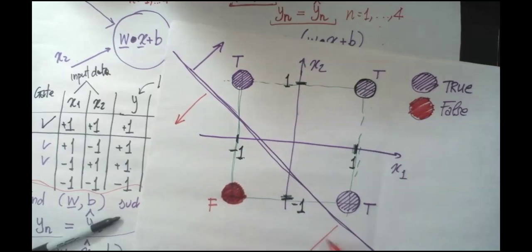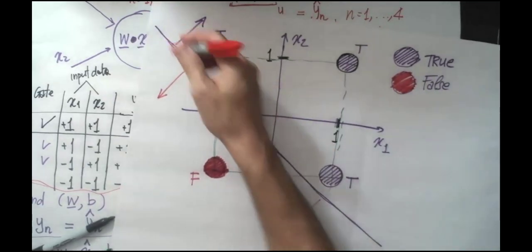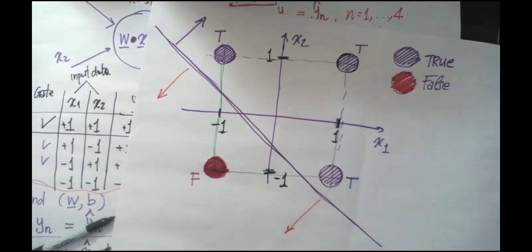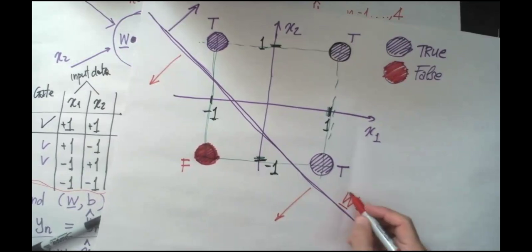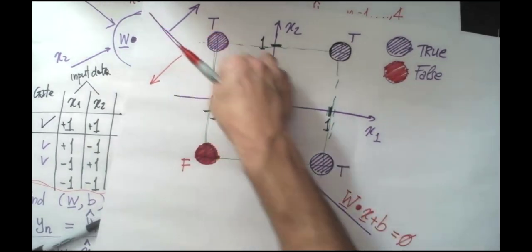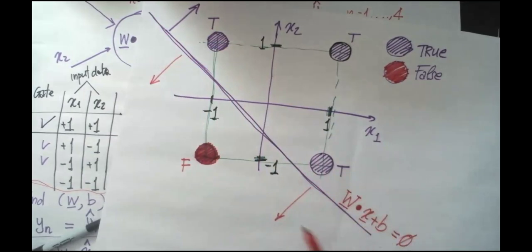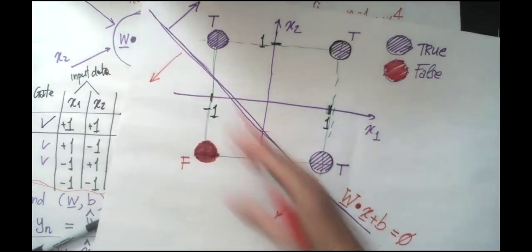Okay, and so you see that there is more than one line that satisfies this problem. This line is basically w dot x plus b equals 0, and geometrically, I can find the slope and the bias such that I can find the parameters knowing the geometry of this line.